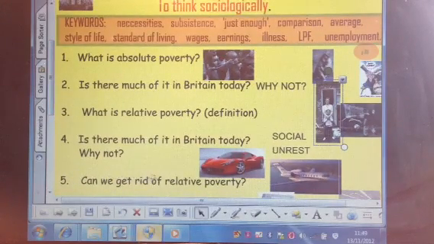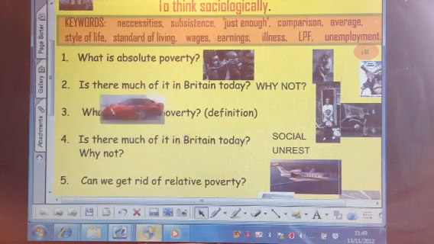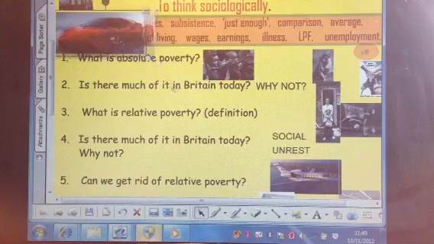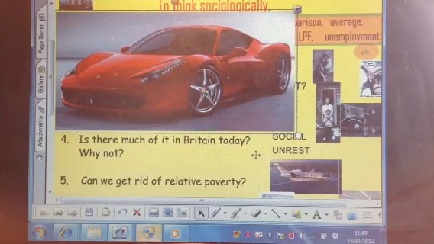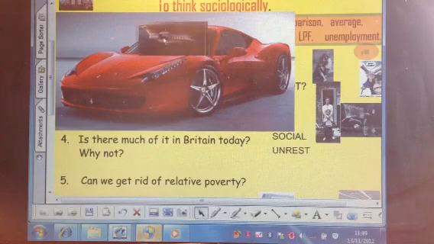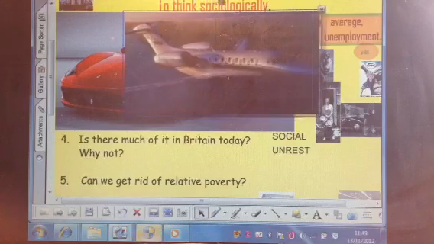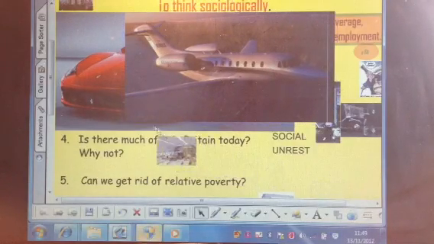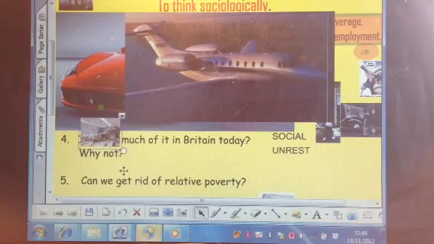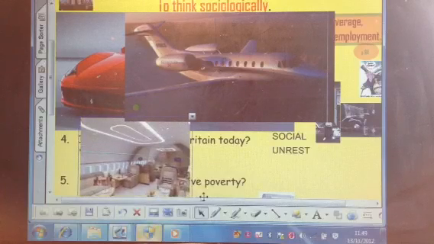Can we get rid of relative poverty? Absolutely not. Here's an extreme example. Let's say you own this car, this Ferrari. You're doing well. But what happens if everybody else that you know has a plane and travels in this style?